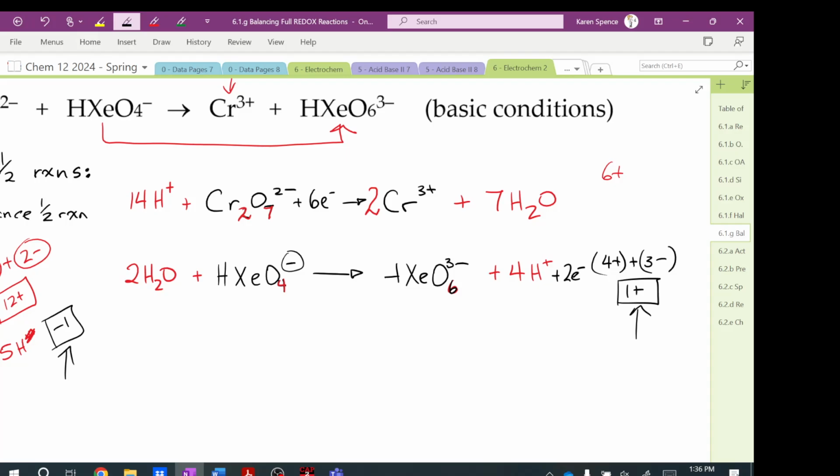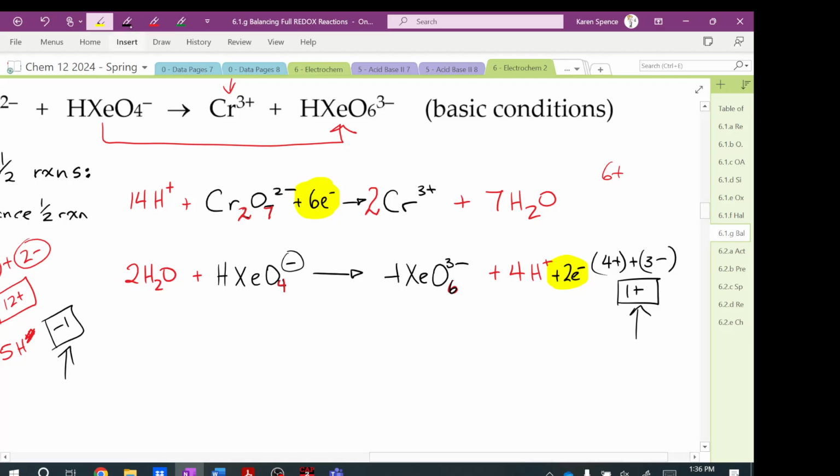And now we have balanced our 2 half reactions. What comes next? It's one of those stars. Make the electrons going in equal the electrons going out.